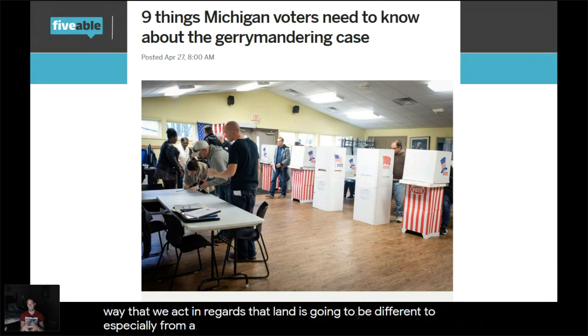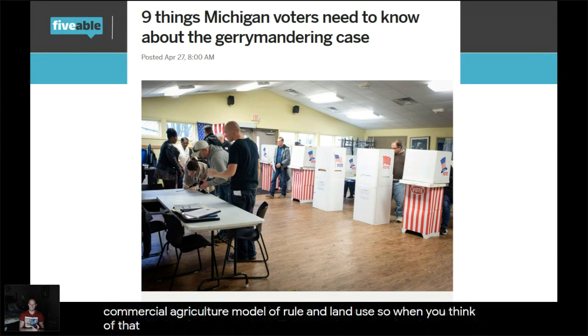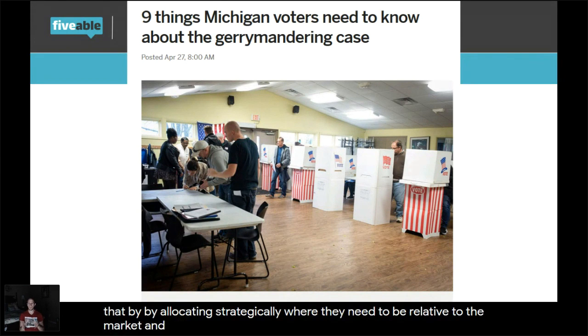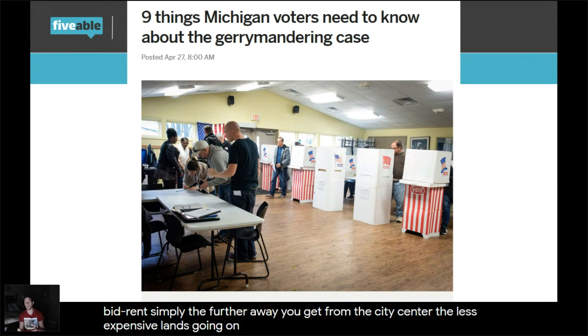The Von Thunen theory is a commercial agriculture model of rural land use. So when you think about it, farmers are trying to maximize profits, and they're going to do that by locating strategically relative to the market and by minimizing transportation costs. With bid rent, the further away you get from the city center, the less expensive the land is going to be, but the further it has to travel.